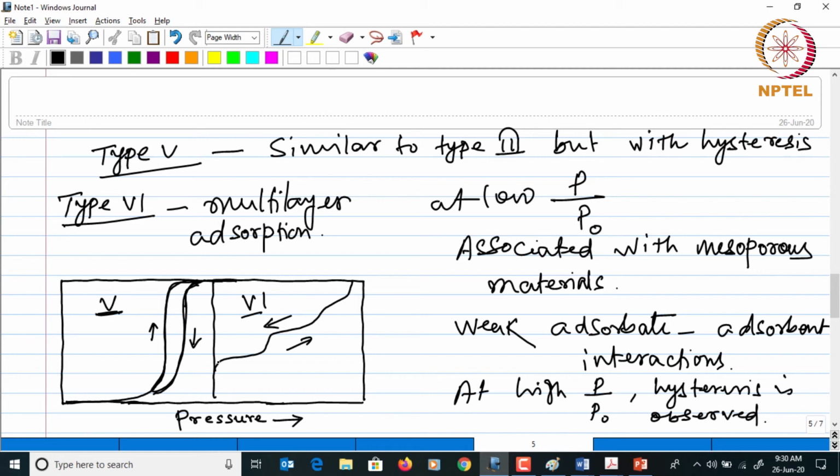The curve that you can see over here is a step-shaped curve, and each of these steps corresponds to a monolayer, and the nature of the curve will depend on the material, the gas, and the temperature.